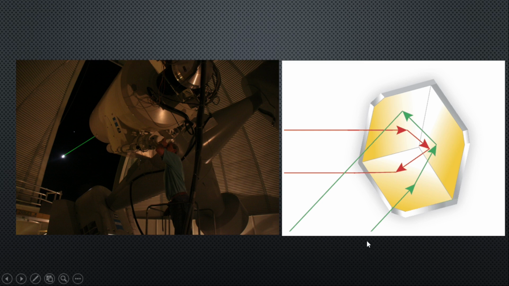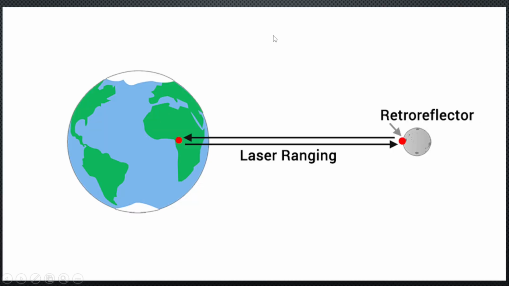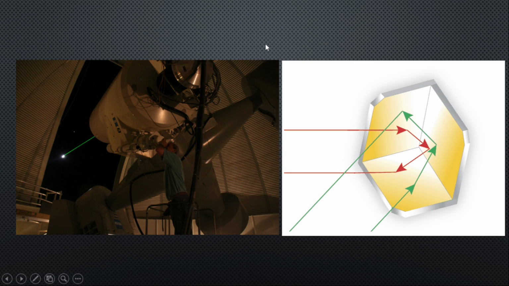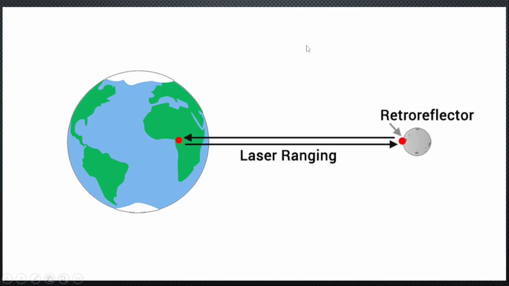So that is how it is built. Although there are other methodologies involved, you still have to do your research. It's very interesting. From here, you can calculate the distance between the Earth and the Moon. So here is how it works. You send radiation, a laser, and it gets reflected back.